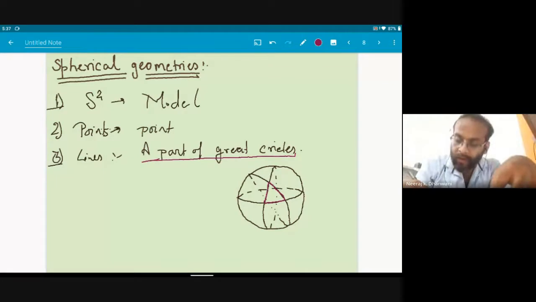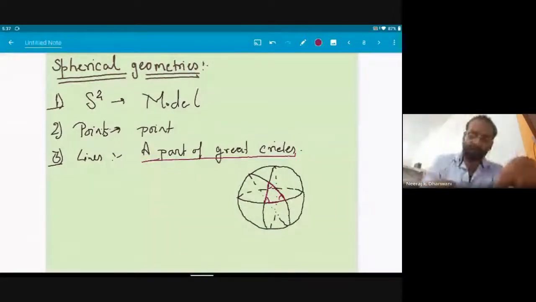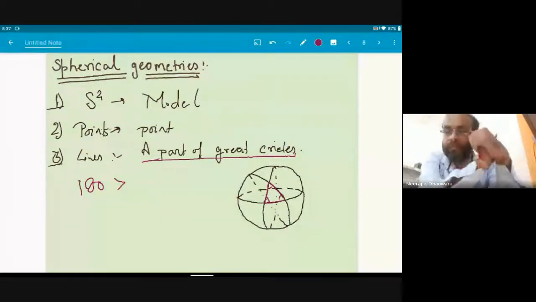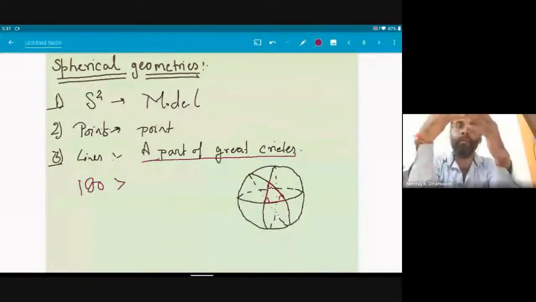What about the triangles? I showed that one triangle is possible to construct. What about their angles sum? Again, not easy to see, but interesting: this triangle sum is always bigger than 180.